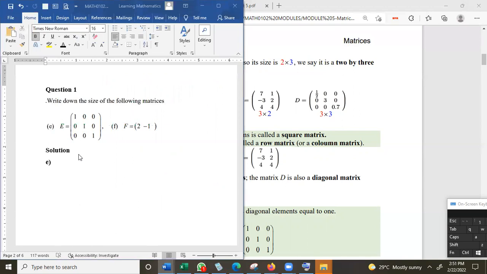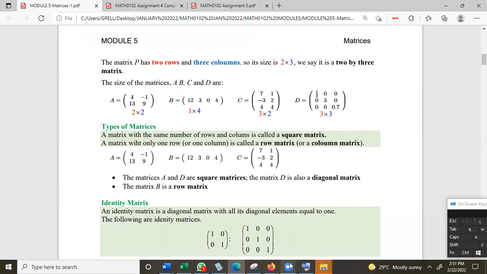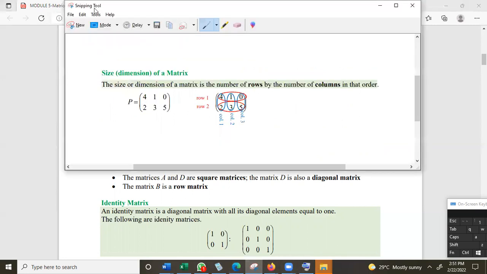So please take note with regards to the size of matrices. Let's put that there. Rows times the columns. Okay. Matrix P is a 2 by 3 because 2 rows and 3 columns. 2 rows, 1, 2, and 3 columns, 1, 2, 3.